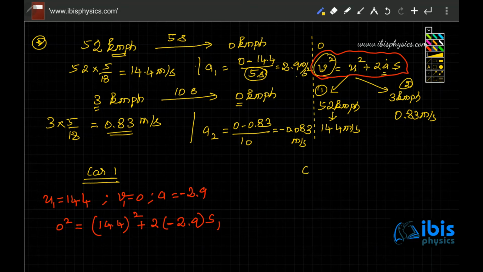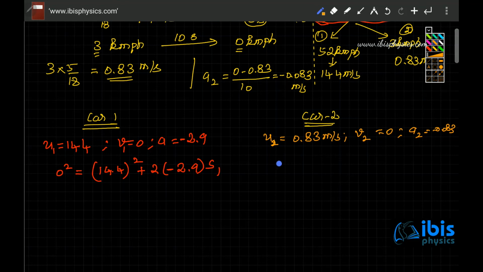For car 2, the initial velocity u2 is 0.83 meter per second, and the final velocity v2 is 0, as this car is also stopped. The acceleration of the second car, a2, is minus 0.083.